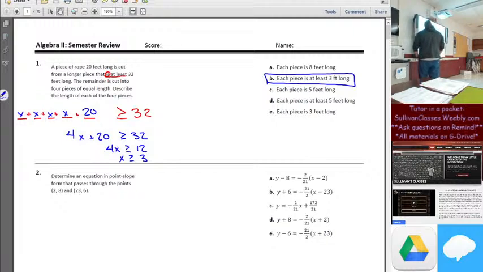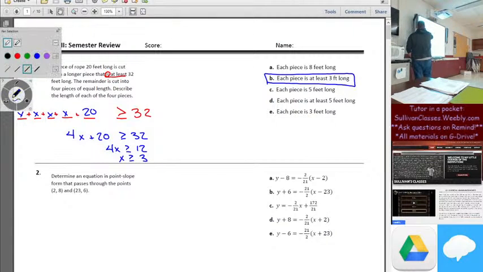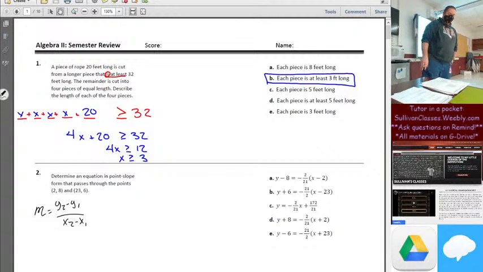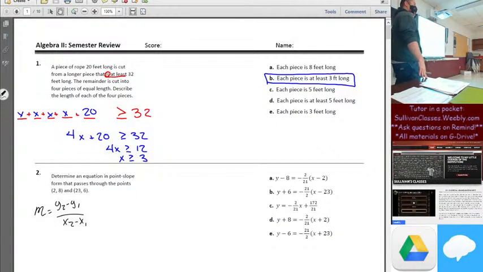Equation in point-slope form passes through 2 points. Stage 1, do we remember the slope formula? If you didn't hear Mighty Mouse, it's y2 minus y1 over x2 minus x1. I believe there's a song. I will not sing it. You can label these.